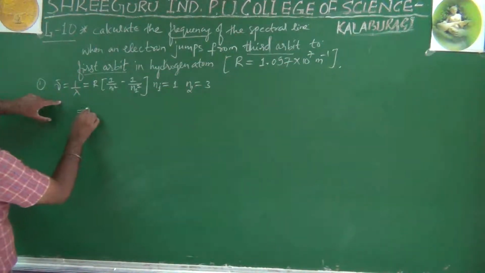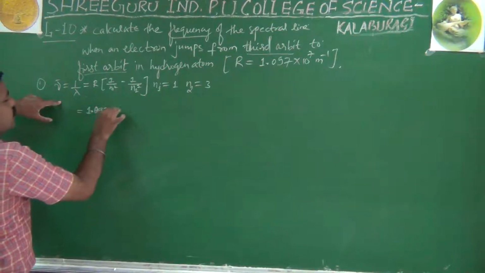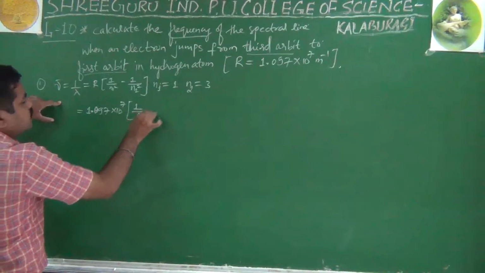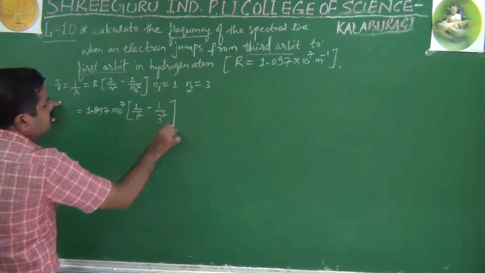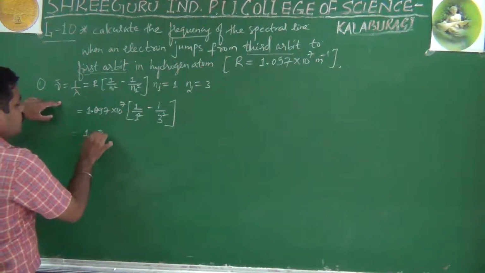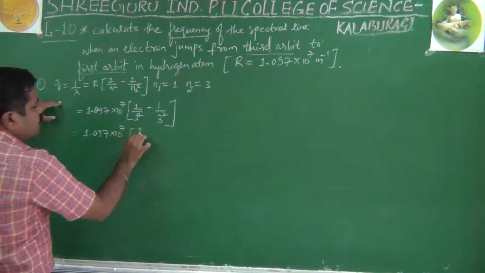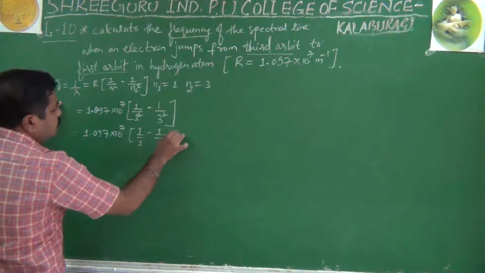Now R value 1.097 into 10 to the power 7, into (1 by 1 square minus 1 by 3 square), that is 1 by 1 minus 1 by 9.